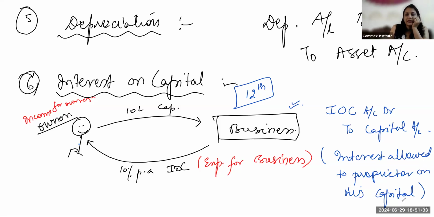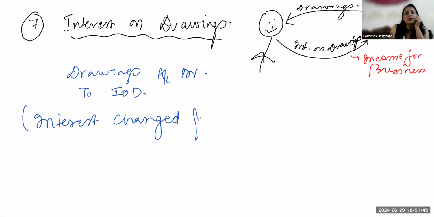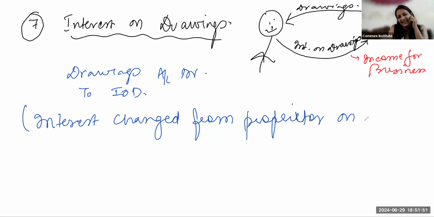Interest allowed to proprietor on his capital. And the second would be interest charged from proprietor on his drawings.